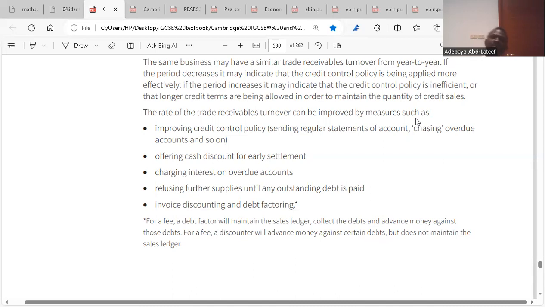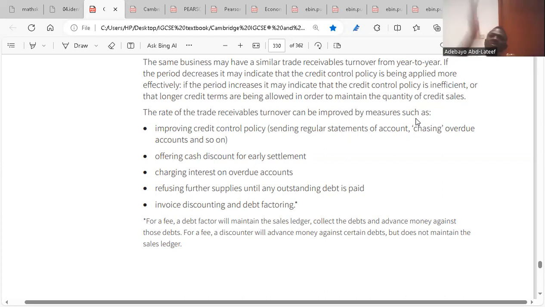Here we're talking about allowing businesses or firms that are specialists in retrieving debt to buy the invoice from you. Invoice discounting, or debt factoring, means you are allowing someone else who likes to buy debts of customers to buy it.